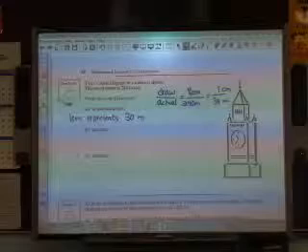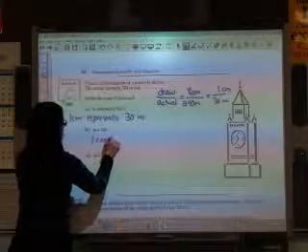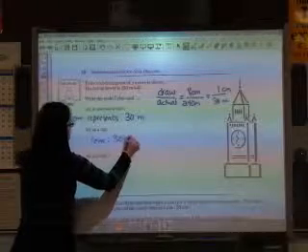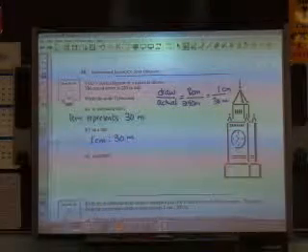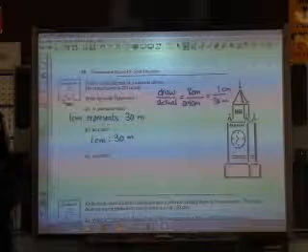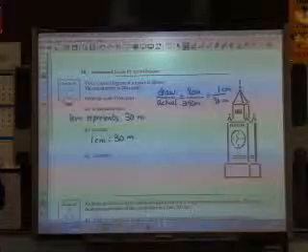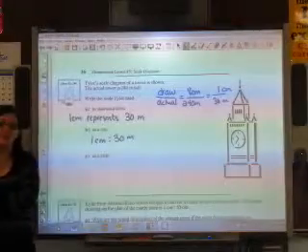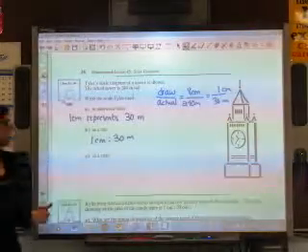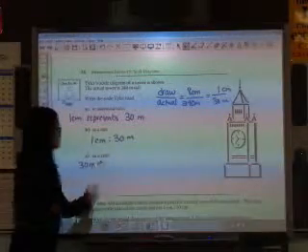If I write it as a rate, 1 centimeter is to 30 meters. What happens when I go to write it as a ratio? You have no centimeters or meters, it's just straight up numbers. So I need to have common units. So I need to convert my 30 meters to centimeters.